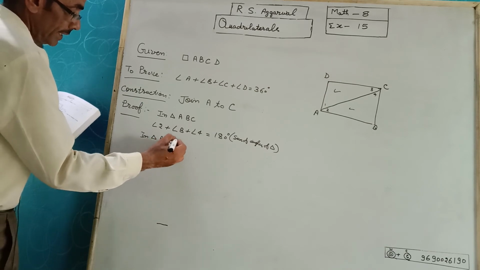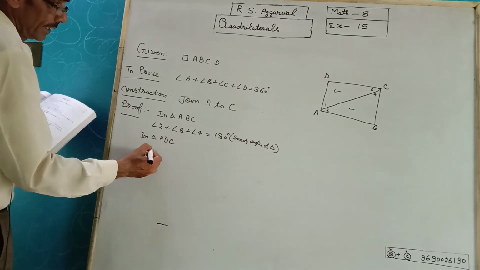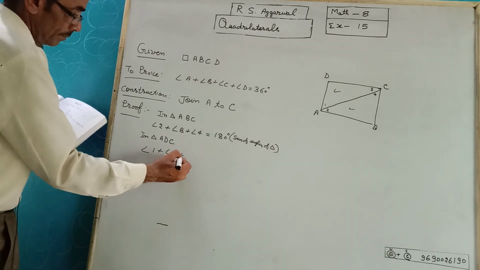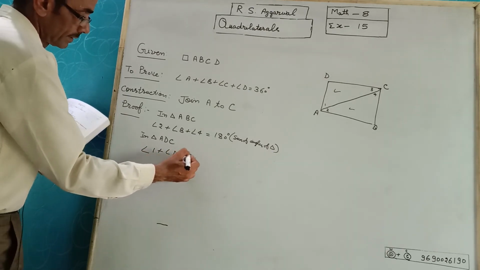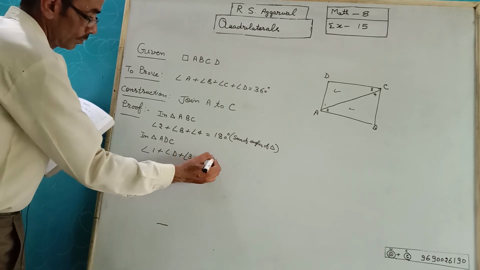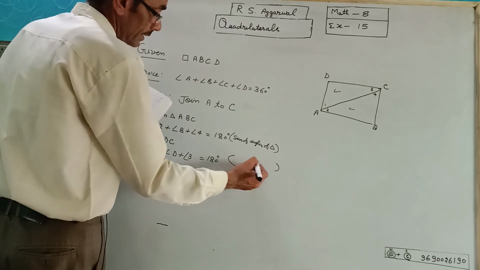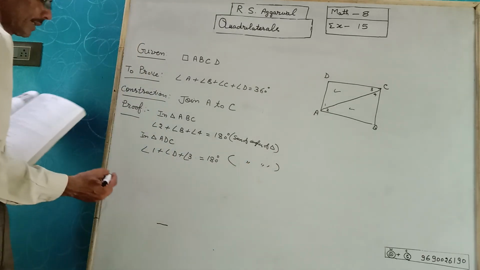In triangle ADC, angle 1 plus angle D plus angle 3 is equal to 180, the sum of angles of a triangle.